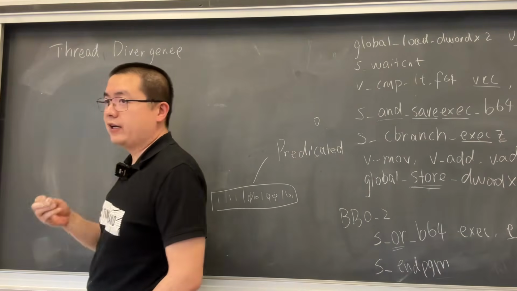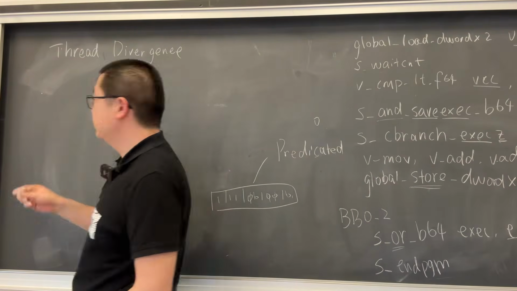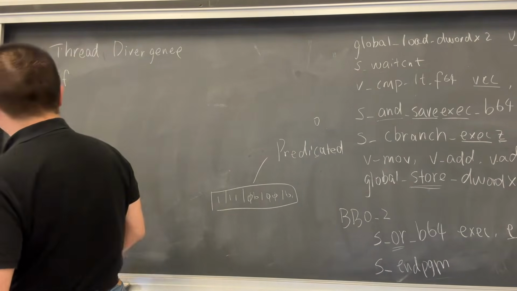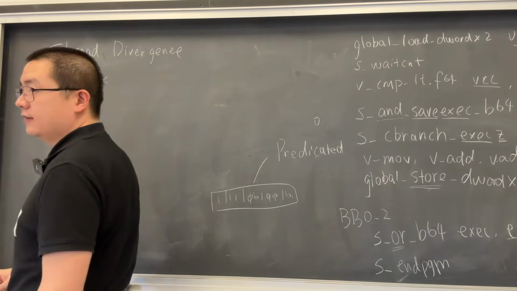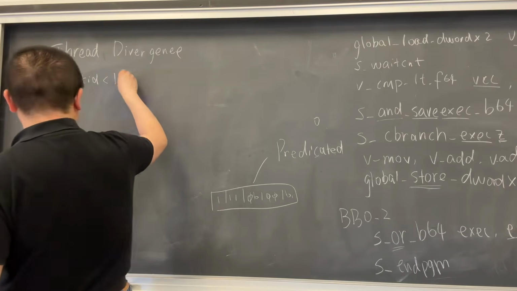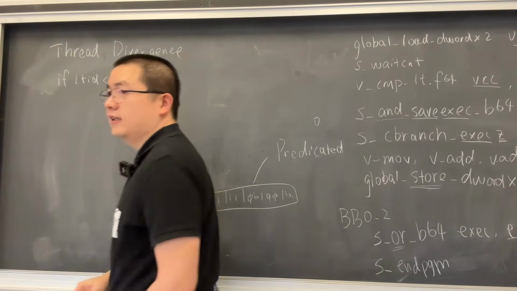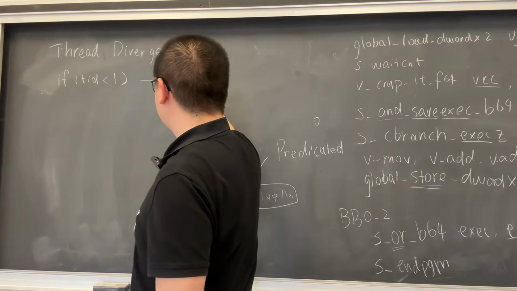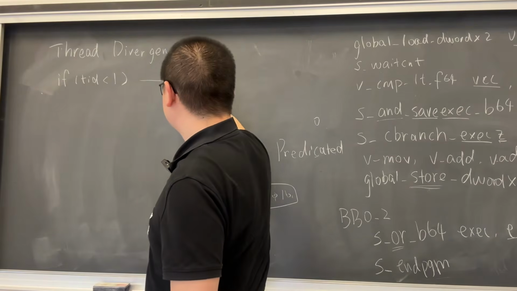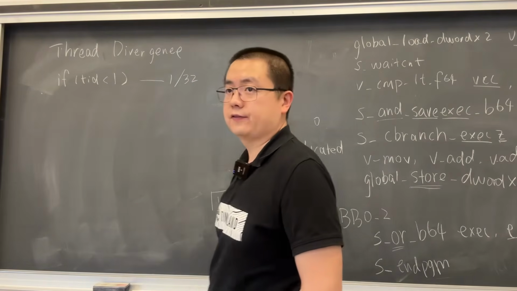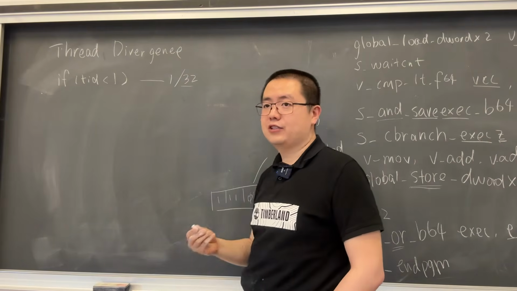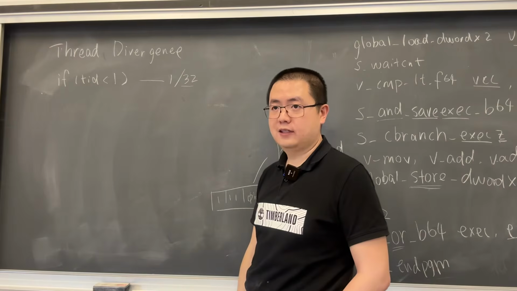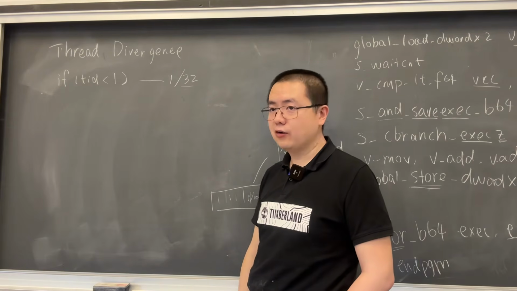Let's say we only have 32 threads in a warp, in a kernel, and we write something like if TID is smaller than 1. In this case, 1 out of 32 threads is effective. But the other 31 will still take the computational power, will still take time. Okay? And it's a totally bad thing.